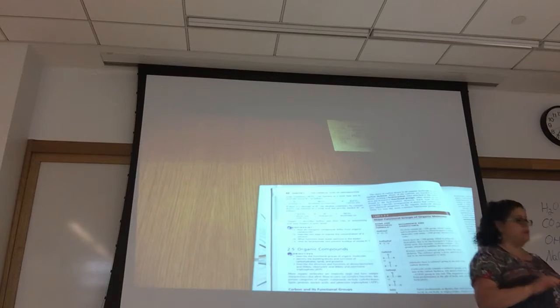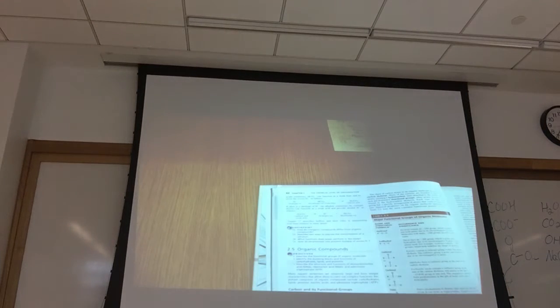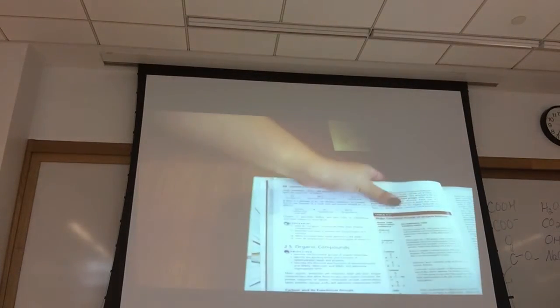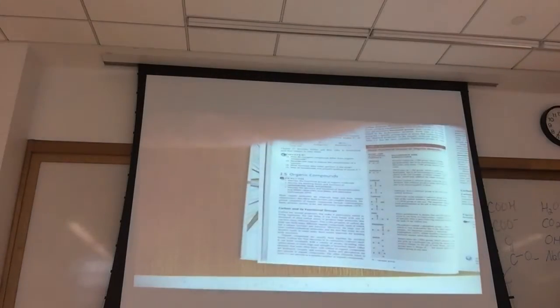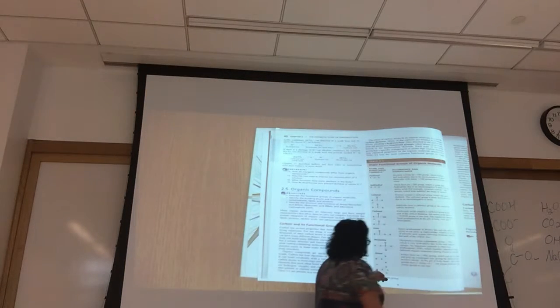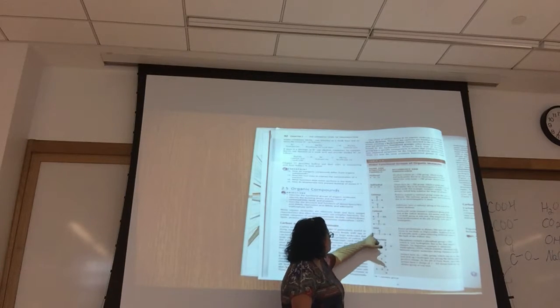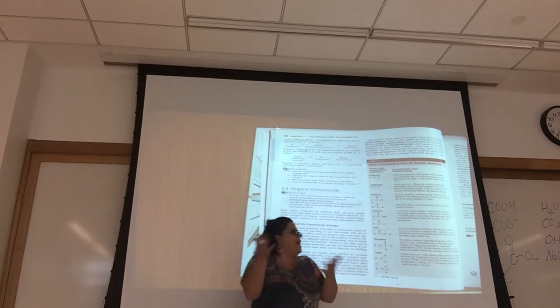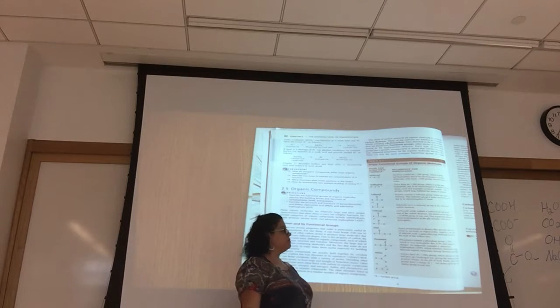Question? Sure, the last ones, yep. They're not carbon. They are all bound to carbon. The R that you see here on all of them, the R is a carbon atom from something.